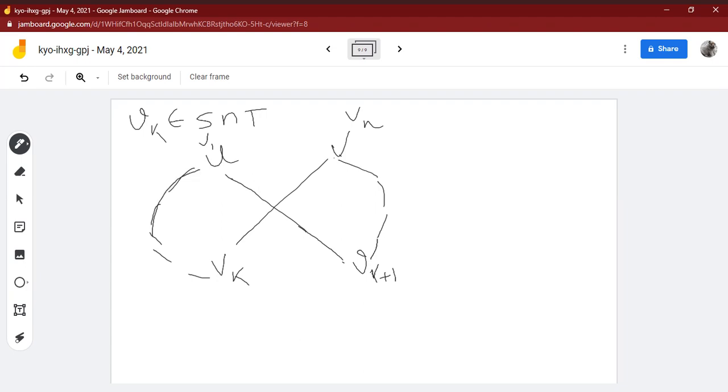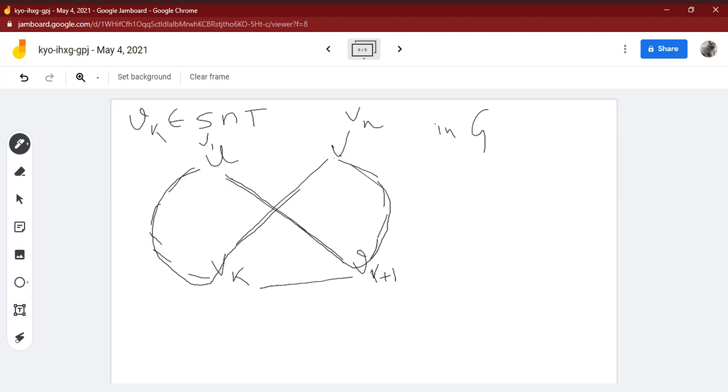So you'll get a path like this, up to Vk, then Vk to Vn, again Vn to Vk+1, and again up to u. So this is another Hamiltonian cycle in G. But G has no Hamiltonian cycle. Clear? Understood?